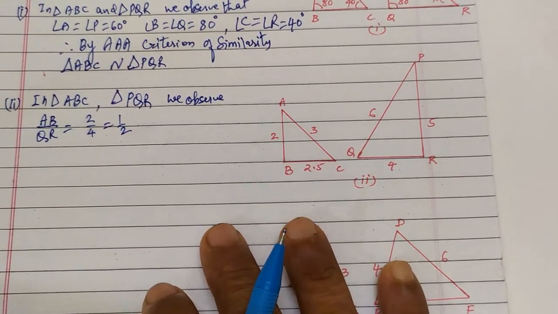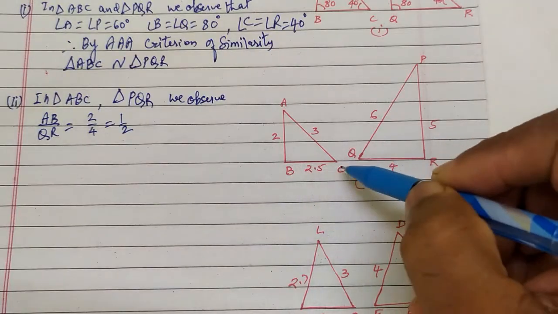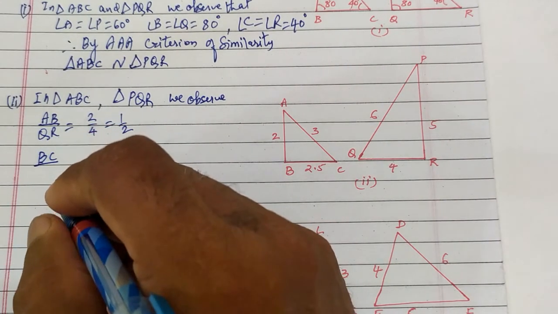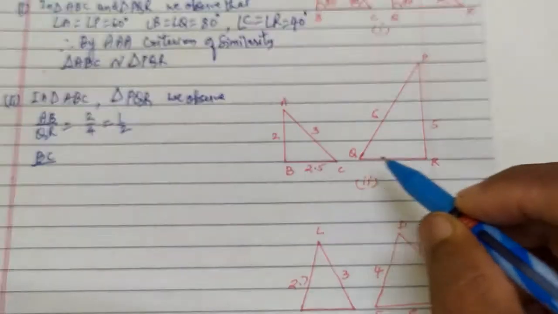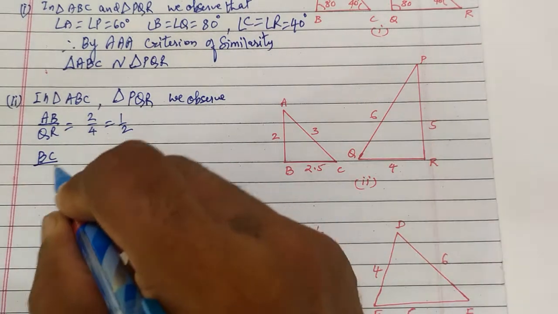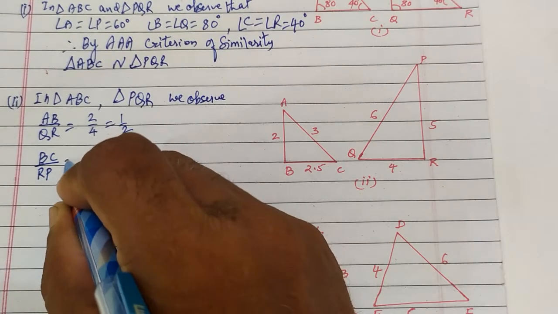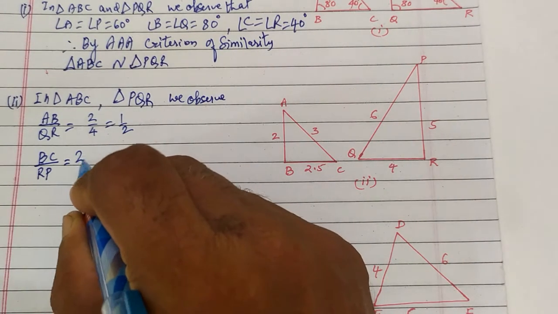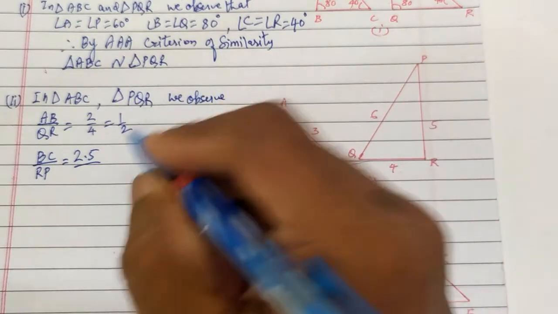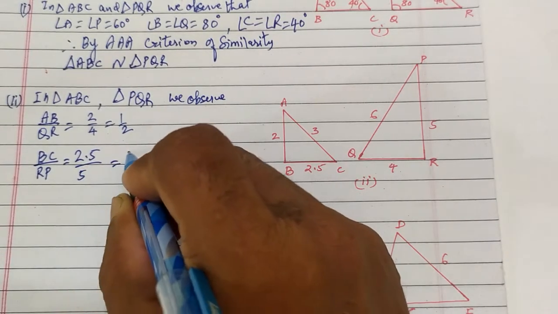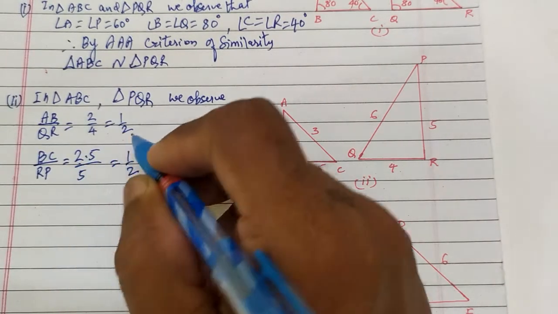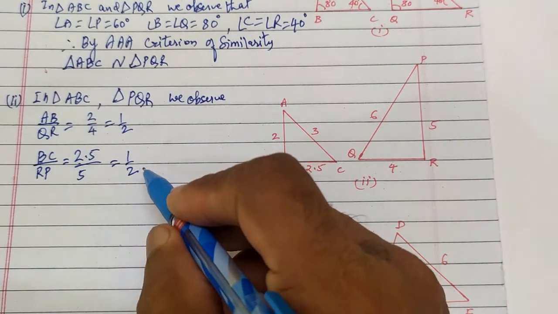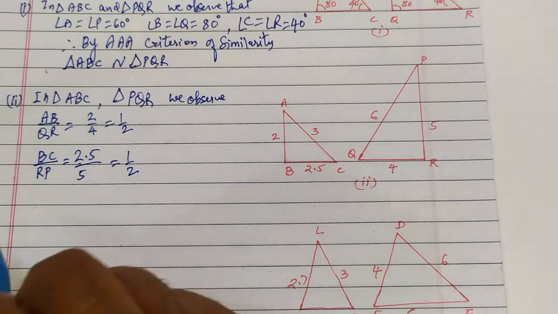Then we will see the next one, that is BC upon RP. How much is it? 2.5 upon 5. 2.5 into 2 is 5. So it is 1 upon 2.